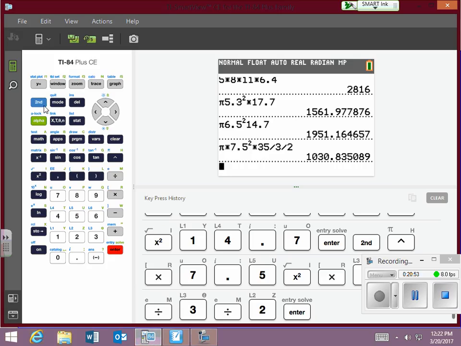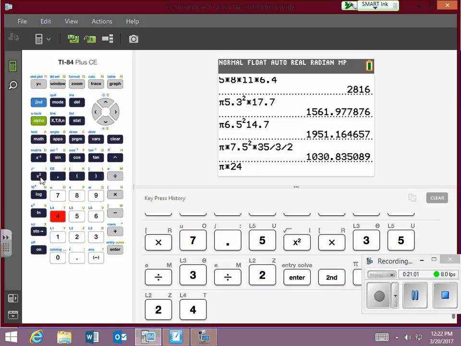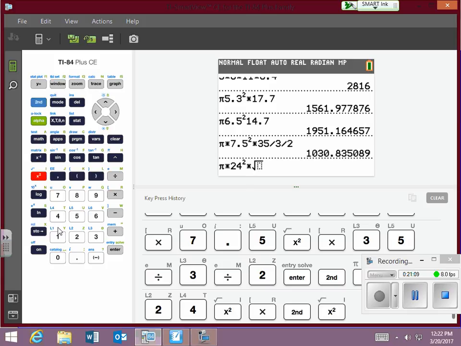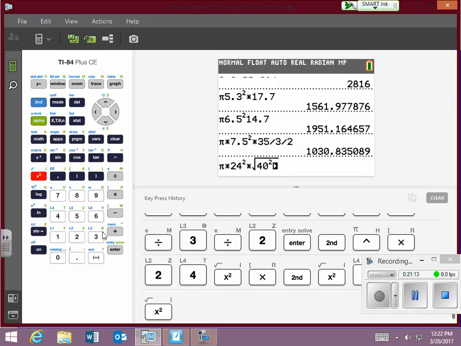So it's pi times 24 squared times square root of 40 squared minus 24 squared.